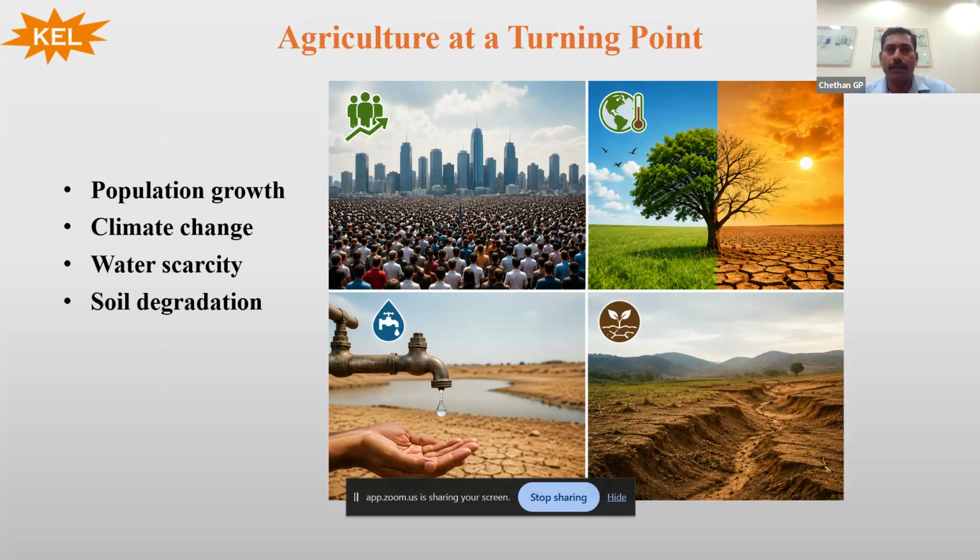Increasing population, shrinking agricultural land, climate change, declining soil fertility, water scarcity, and soil-borne diseases are making conventional cultivation more challenging than ever before. Today, we have technologies that allow us to grow crops without depending entirely on natural soil.